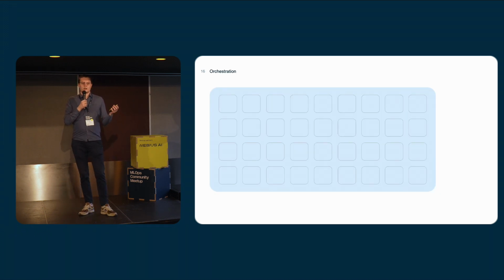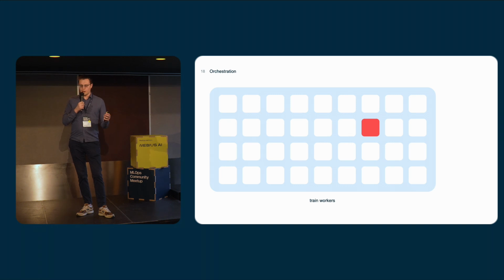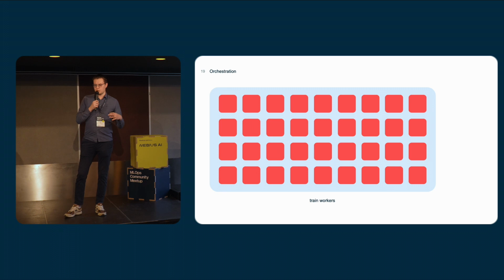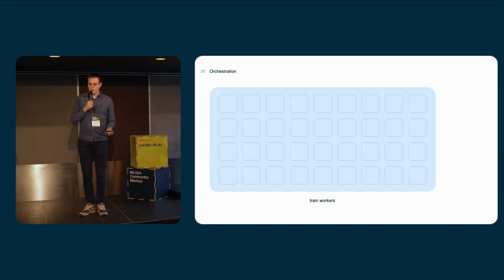So when the training process starts, Argo creates the required number of trainer workers, and in case of failure of any of them, all pods are destroyed and then recreated from scratch.